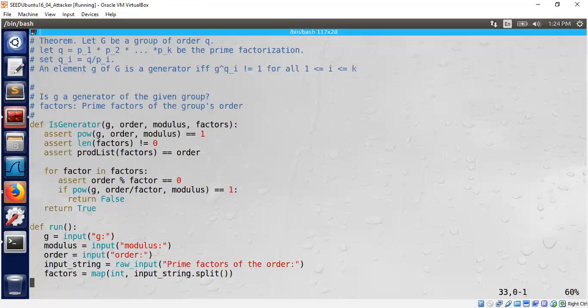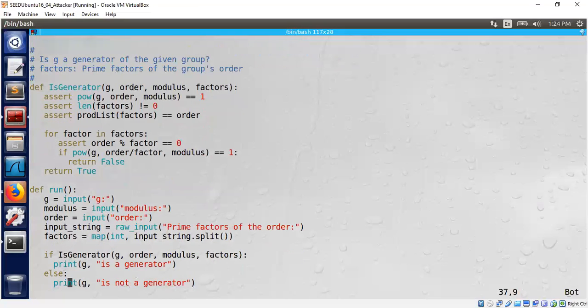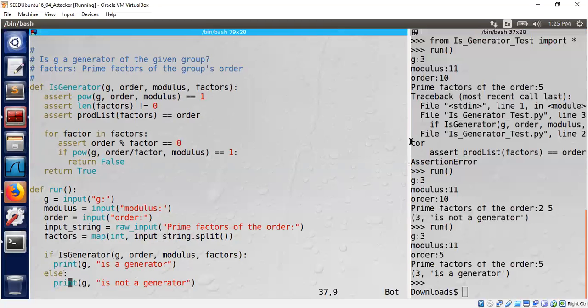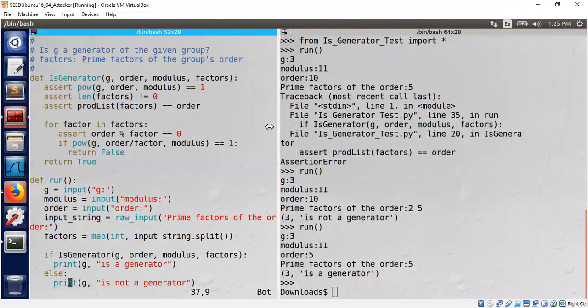Okay, so I'm going to run it and show you some examples. The program will ask for the generator, the modulus, the group order, and of course the prime factors as well. If we feed in all of these, it can tell us whether the element g is a generator or not. I'm starting with some simple examples first, and then I will dive into the details one by one.